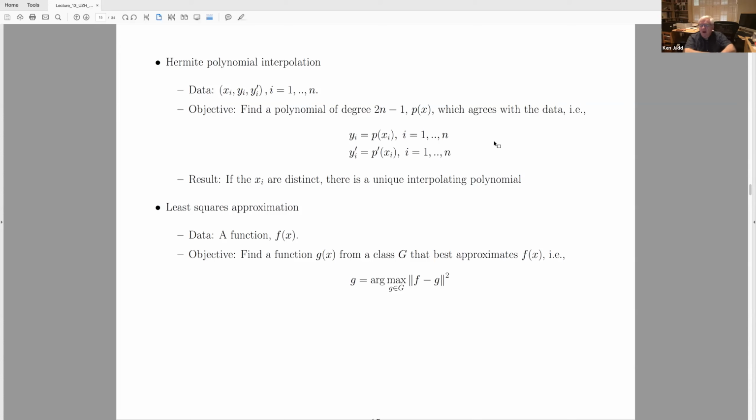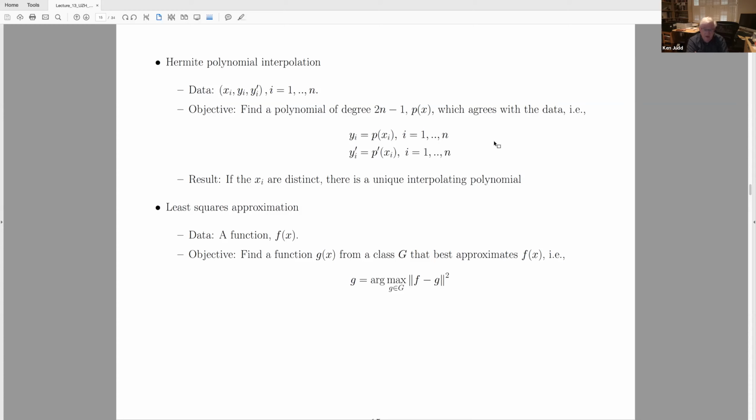Now one could go on and on like this. You could have, I don't know what it's called, but you could look at a variety of points xi and compute the first, second, and third derivatives and then interpolate on that. So the interpolation idea is not limited to just using the values of f.